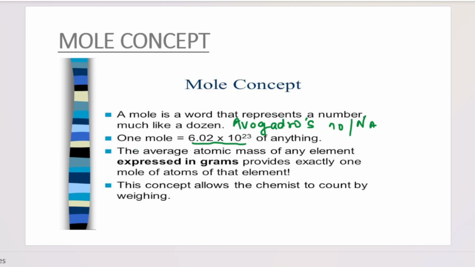If we are talking about molecules, 1 mole of molecules represents 6.022 into 10 raised to 23 molecules. This number, 6.022 into 10 raised to 23, is known as Avogadro's number.